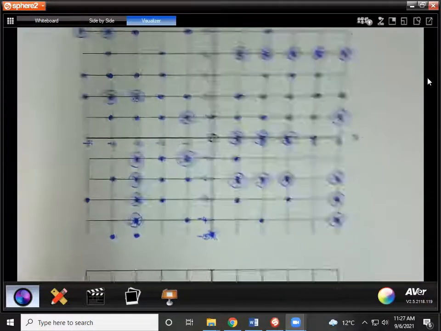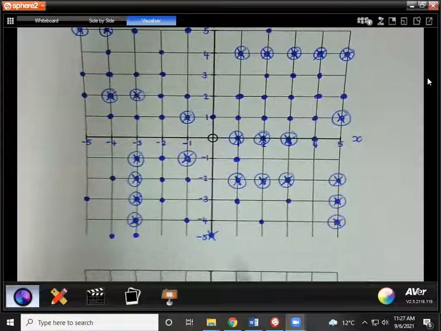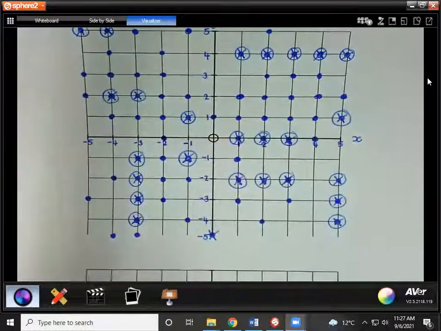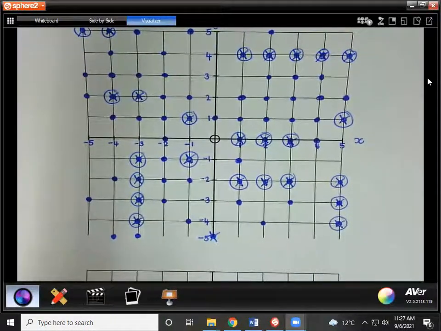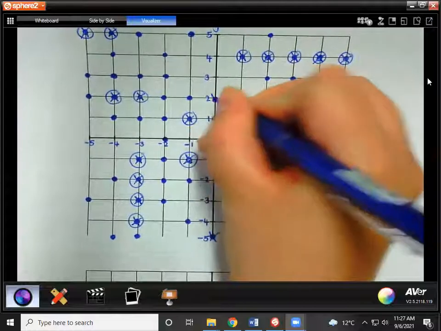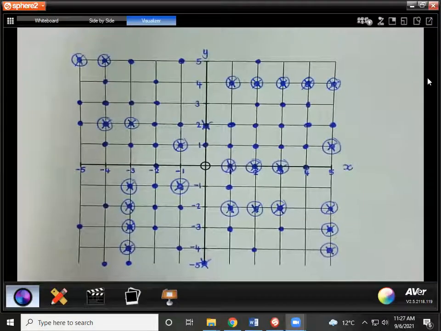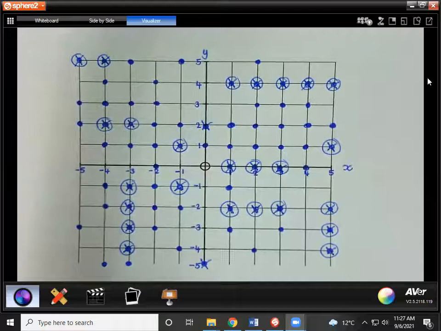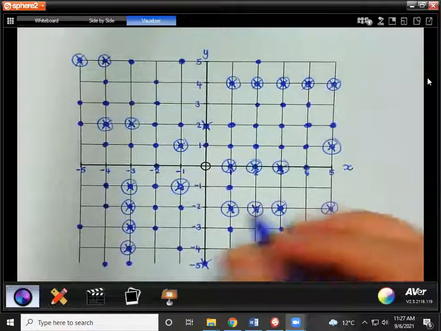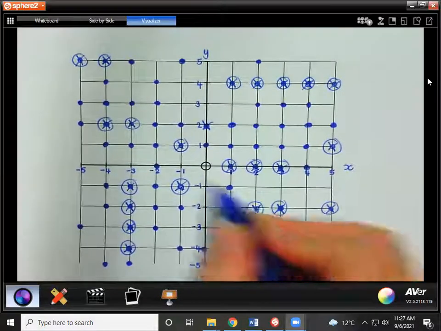Nathan, choose another one. -2, miss. 0, 2, hit, destroyer, which is 2 points. -4, -1 is a miss. 0, -4, miss. 3, 0, we have that one already.